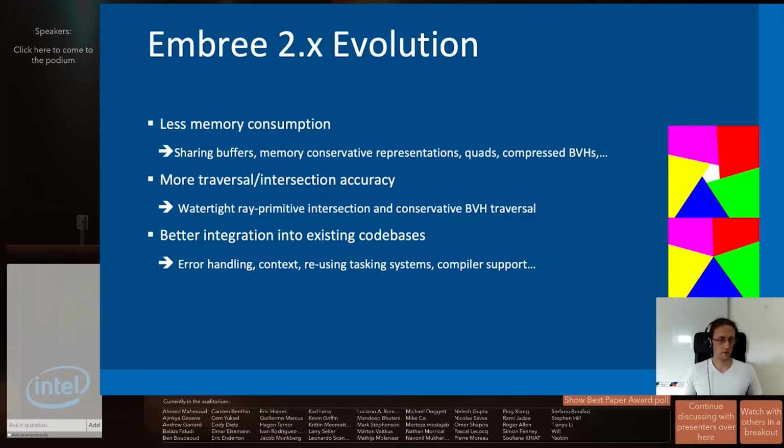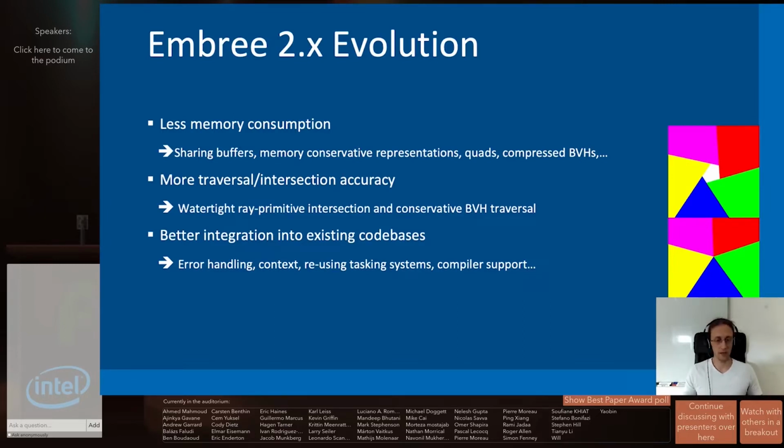And once this issue went away, we got feedback that the accuracy of Embree is not that good compared to people's own ray tracers. So that meant we had to focus on more watertight ray primitive intersection and conservative BVH traversal. And also some standard utility functionality we needed to improve.